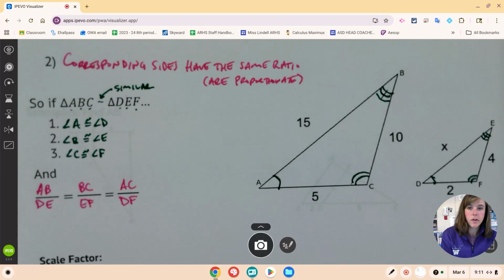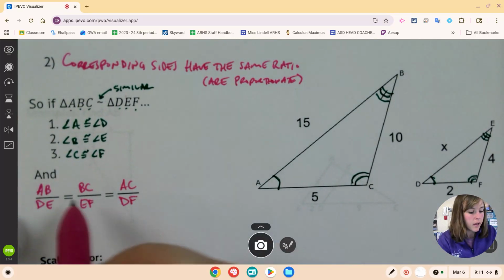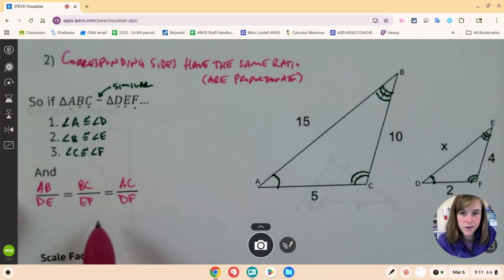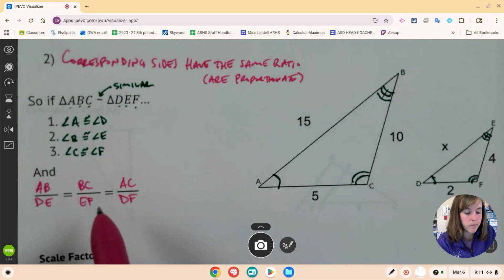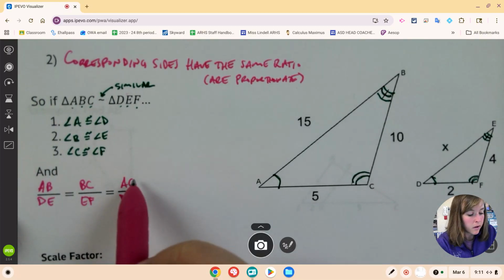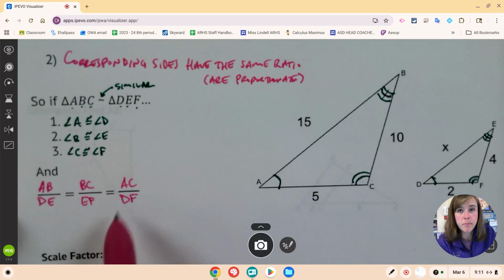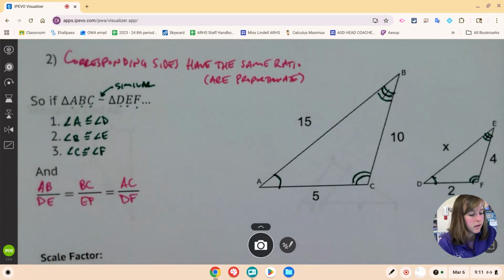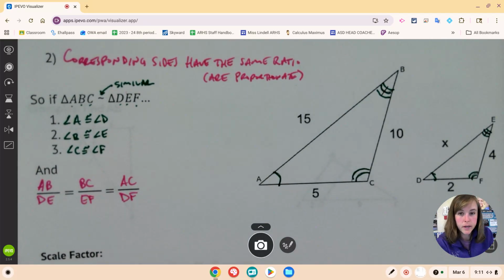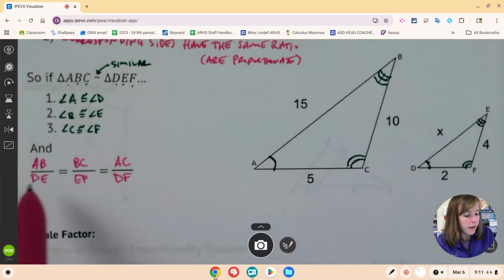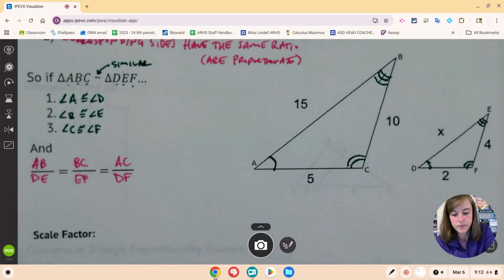And so the important thing to note also, you can flip all of these ratios, but you have to flip all of them if you're going to switch them up. All the ones from one triangle have to be on the top, all the ones from the other triangle have to be on the bottom. All right. But what we can do is then take what we have on these sides here and fill in these ratios.